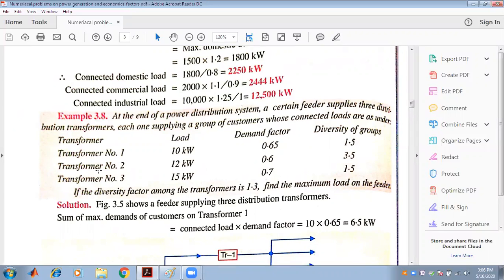Transformer 2: load is 12 kilowatt, demand factor is 0.6 and diversity group is 3.5. Transformer 3: load is 15 kilowatt, demand factor is 0.7 and diversity group is 1.5. If the diversity factor among the transformers is 1.3, find the maximum load on the feeder.